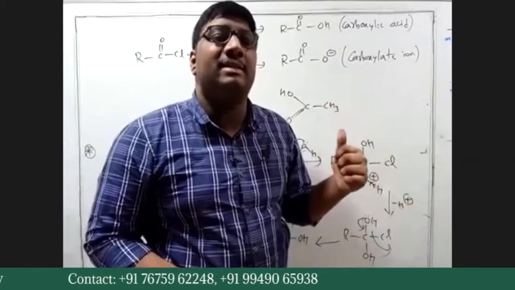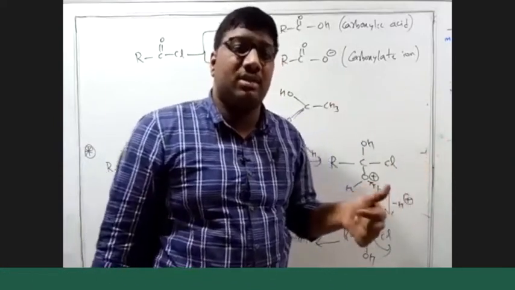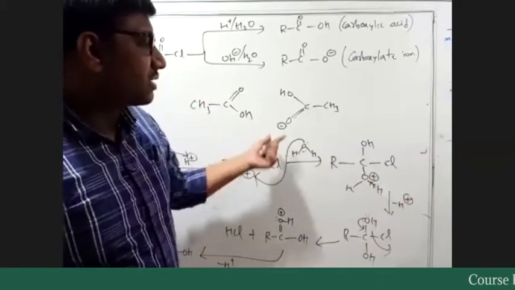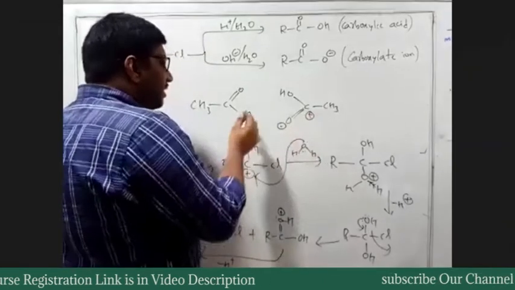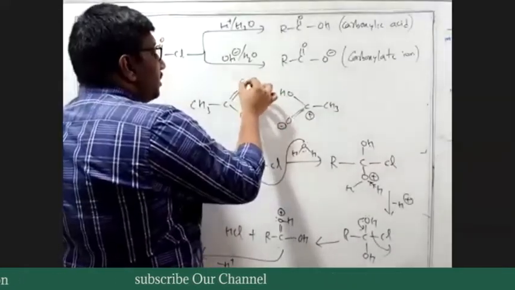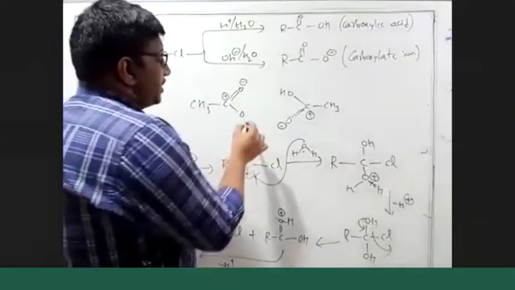It actually stands as a revision for chemical bonding in your first year concept. Okay. So oxygen gets negative and carbon gets positive. Similarly, here also oxygen gets negative, carbon gets positive.